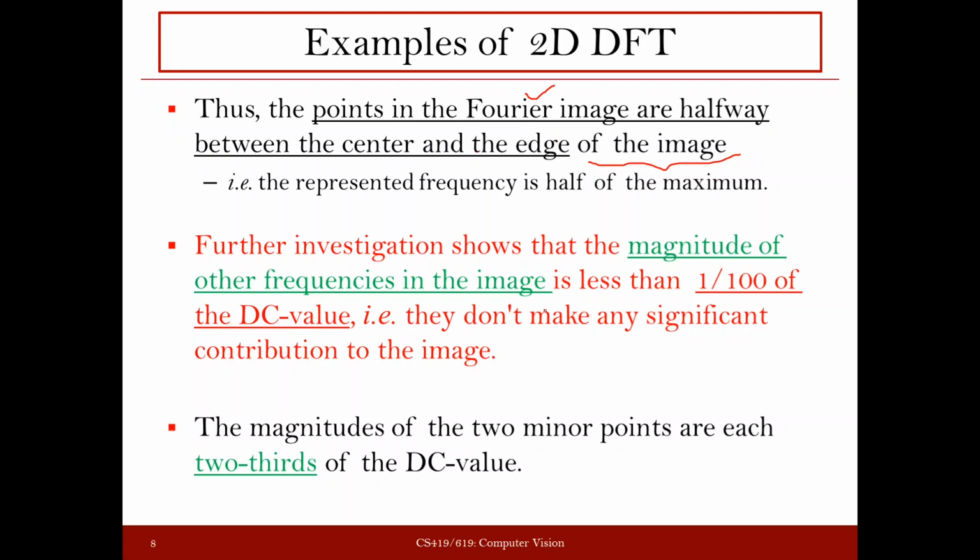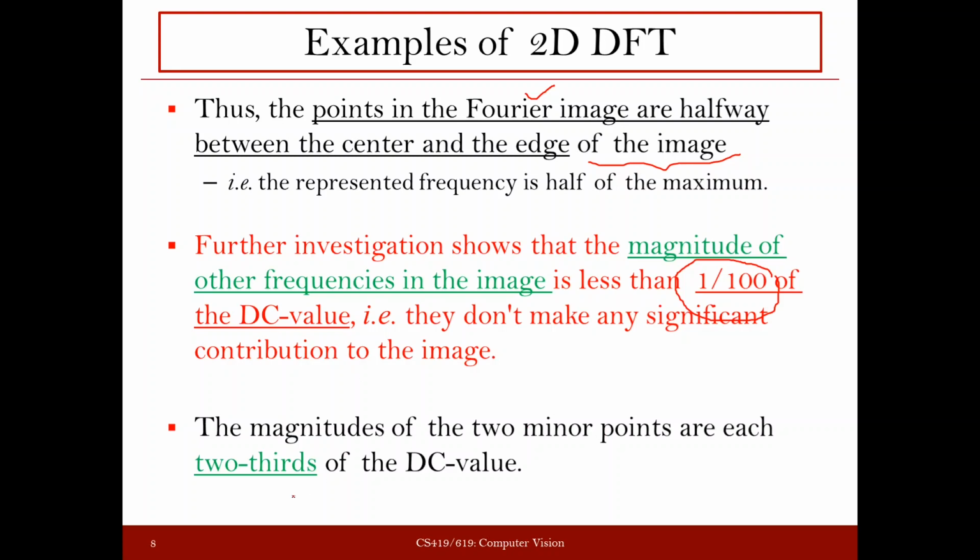And as I just said, there are coefficients for other frequencies also, but their magnitude is very small, so we don't see them. If you analyze, it turns out that the coefficient of those frequencies is less than 1/100 of the DC value. So that becomes very, very small, and those frequencies are not visible.